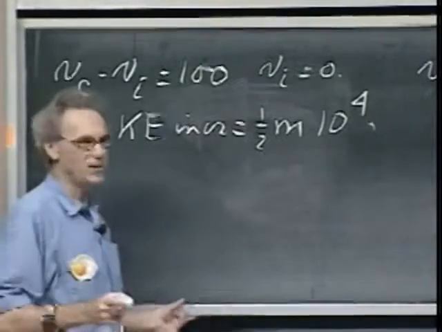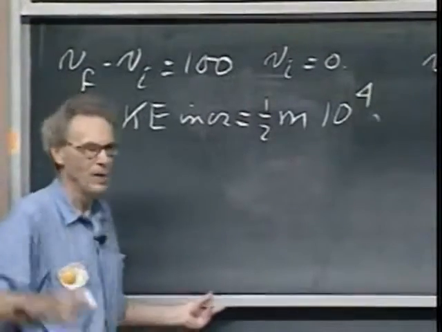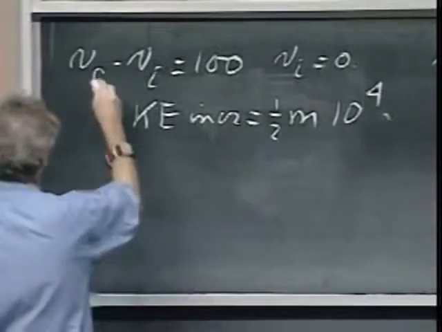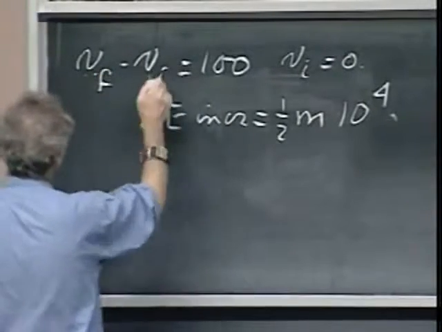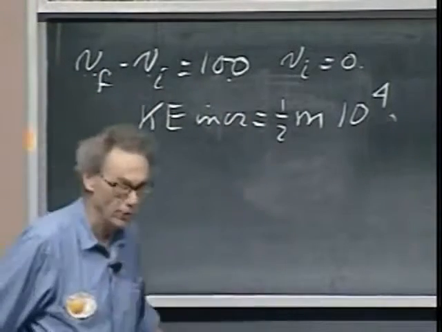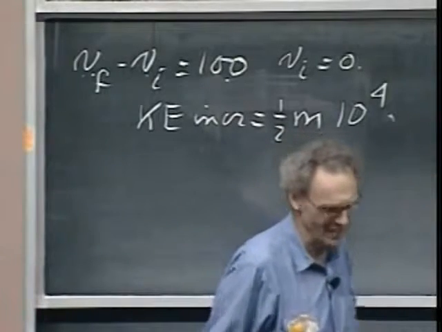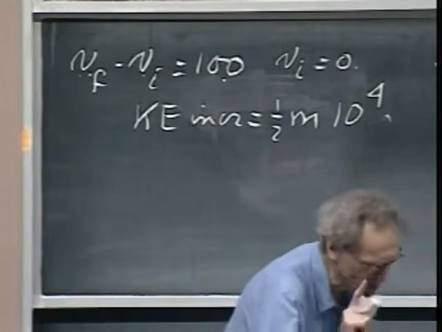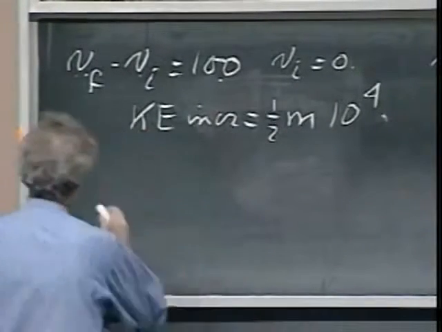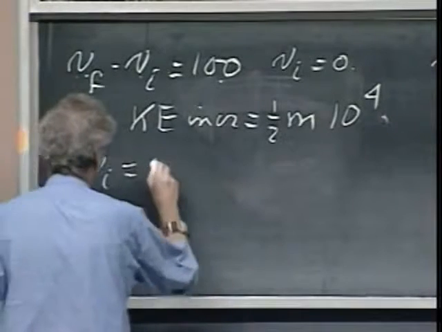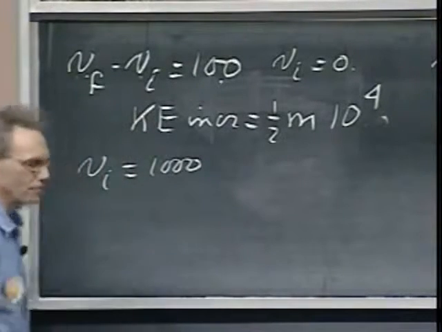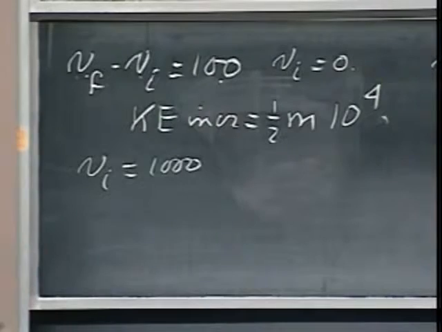Now I use the very same rocket, the same amount of fuel, the same burn time, so I get again that the final velocity minus the initial velocity is still 100. That's exactly the same. But before the burn, this rocket had an initial velocity of 1,000 meters per second. What is now the gain of kinetic energy?